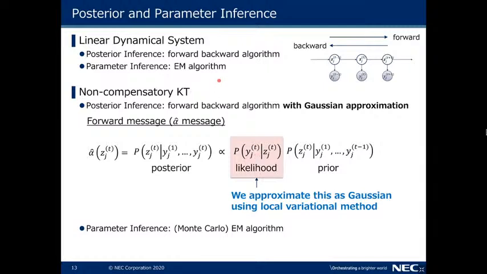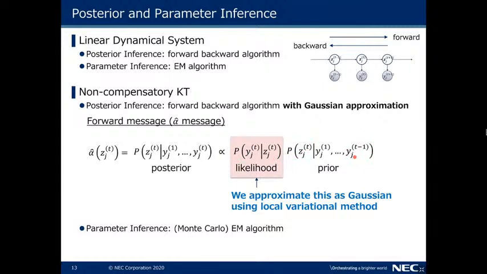We want to fully utilize this framework. To apply this framework, the obstacle we have is the forward alpha message. The alpha message is written as a simple Bayesian update loop. The posterior here is proportional to the likelihood and prior.